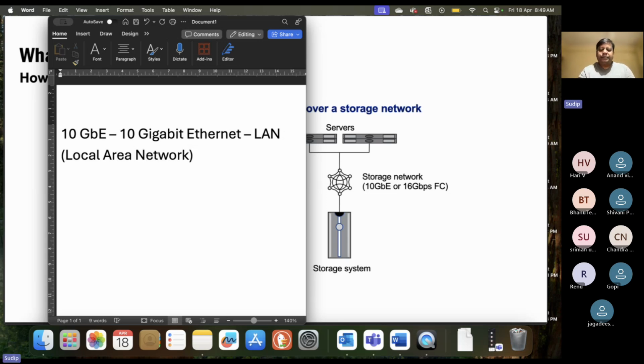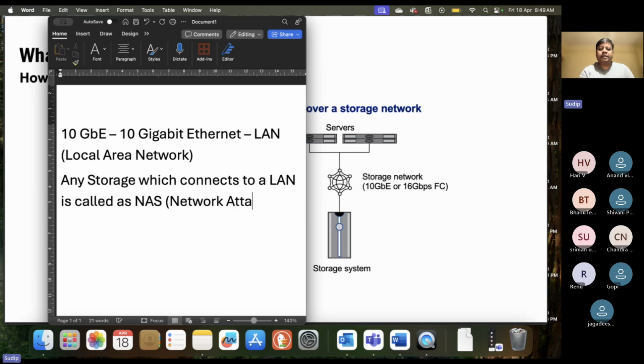Okay. And any storage which connects to a LAN is called a NAS. NAS stands for network attached storage. Very simple.